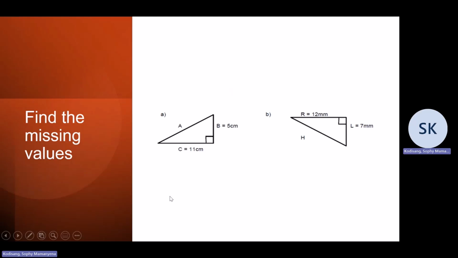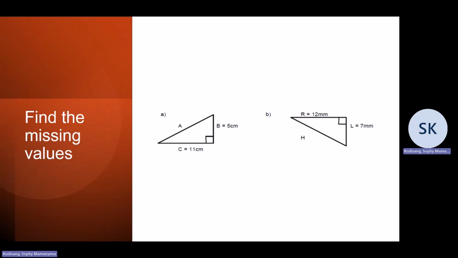Now with this one, you are expected to find the missing values. Obviously, that will be the hypotenuse. First things first, write the equation. A squared for number A will be capital letter A squared is equal to B squared plus C squared, and you substitute those dimensions.